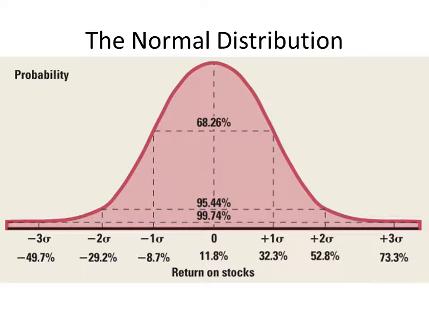How much does that mean is left in the tails? Well, 100 minus 95.44, I get 4.56%. Now, does that mean 4.56% of all observations are less than negative 29.2? No, remember that this is both tails, so we have to divide by 2. I get 2.28%.